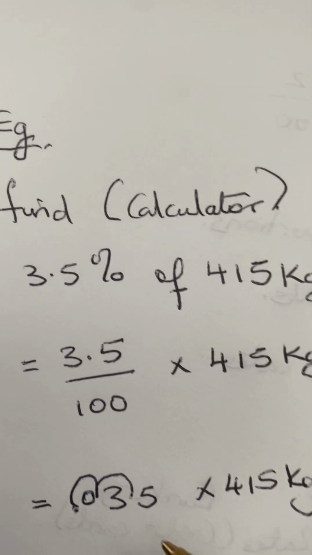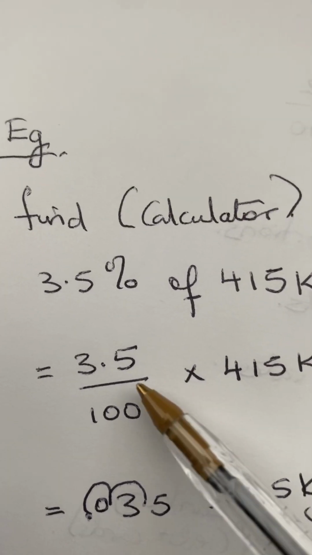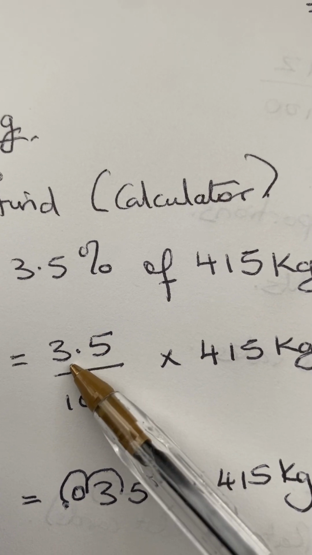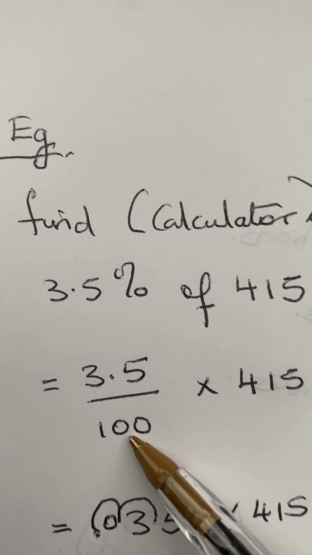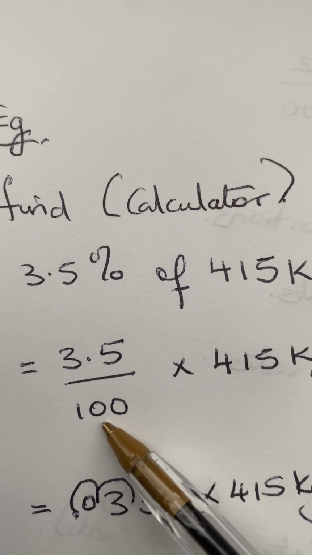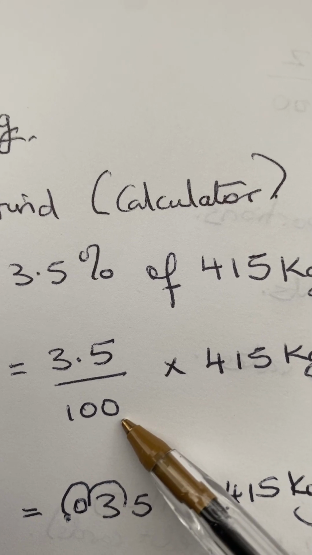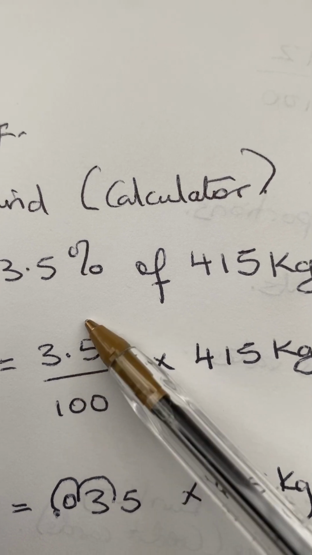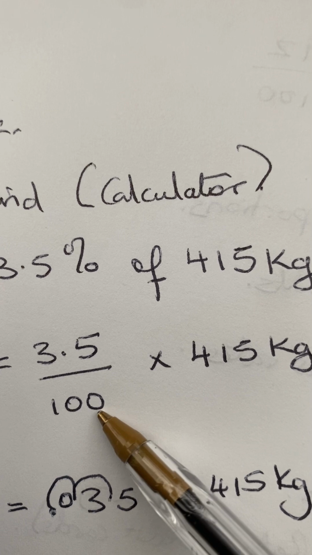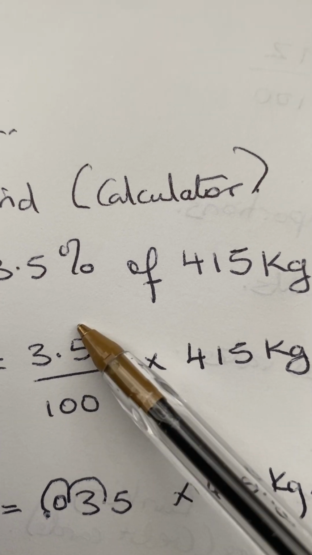Now, do you remember we said if you have 3.5%, 100 here is 10 to the power 2. Okay, but it's 1 over 100, so it's 10 to the power minus 2.